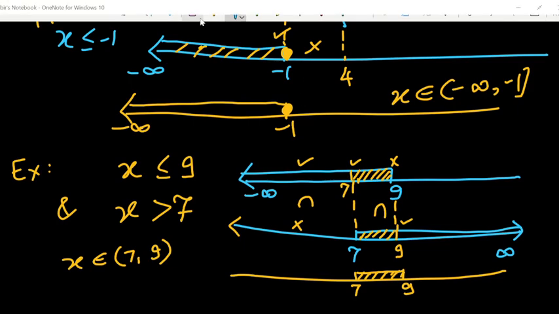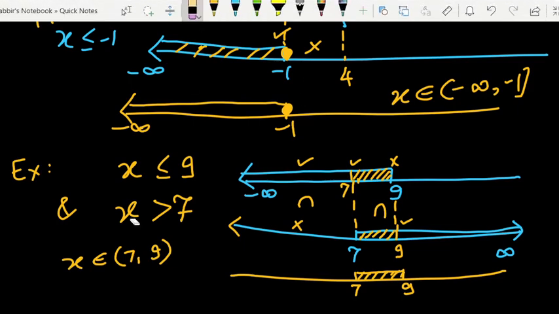Now, let's say we have to find the union: x less than or equal to 9 or x greater than or equal to 7. The question is like this, guys. This also I will draw.